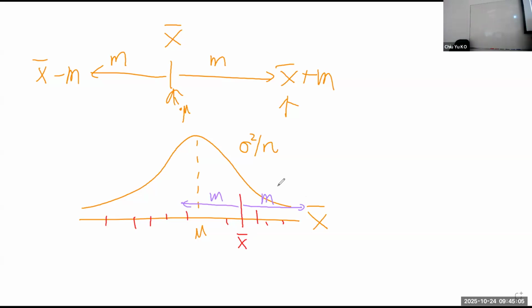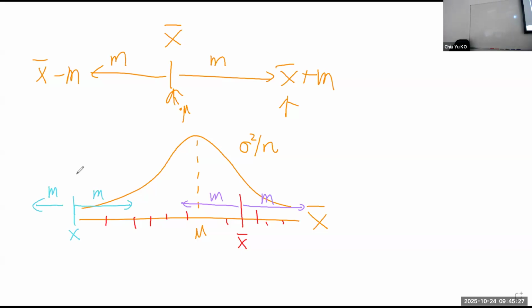And because this is normal, X bar can be anywhere. X bar can be very far away, for example somewhere here. If you draw M left and right, then this will not include mu.